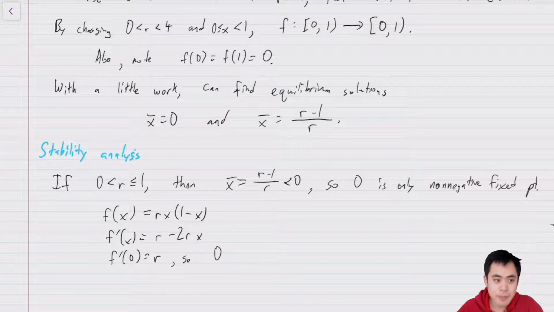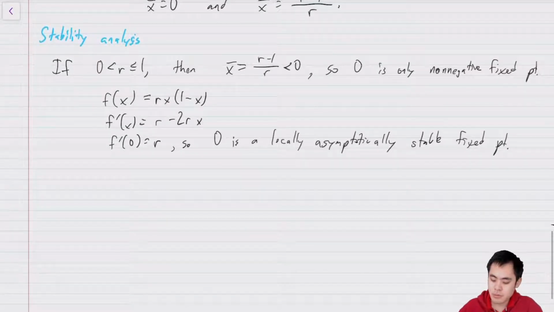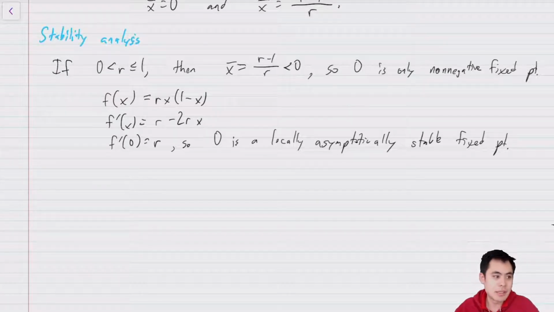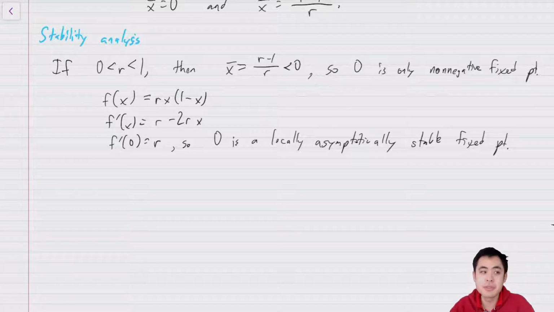So 0 is a locally asymptotically stable fixed point, because we know that r is less than 1, and of course bigger than 0, and so of course the magnitude is less than 1. Sorry, let me actually make this strictly less than 1, because if it's equal to 1, then of course the first derivative test doesn't actually tell you whether or not it's stable there.